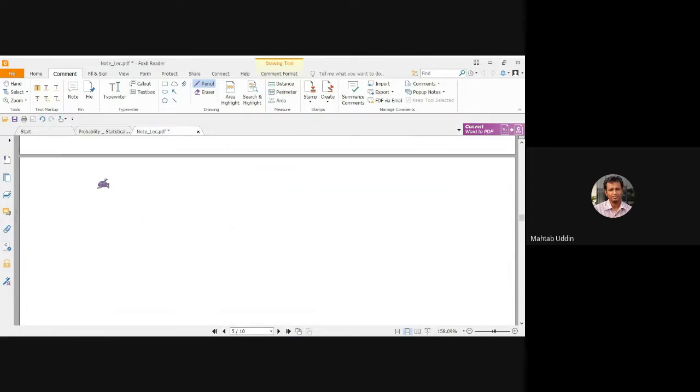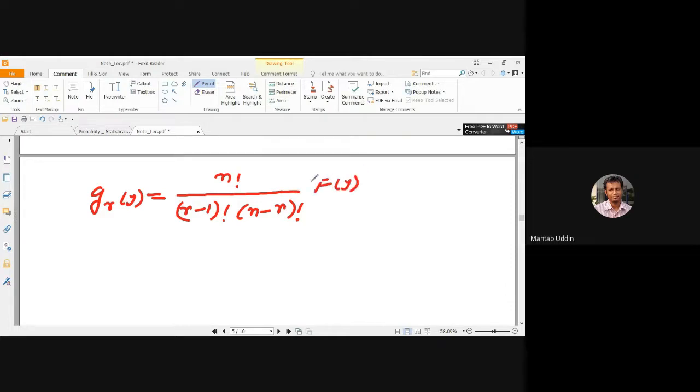The formula for the PDF is g_r(y) equals n factorial over (r minus 1) factorial times (n minus r) factorial, times F(y) whole to the power r minus 1, times 1 minus F(y) whole to the power n minus r, times f(y). This is the formula.